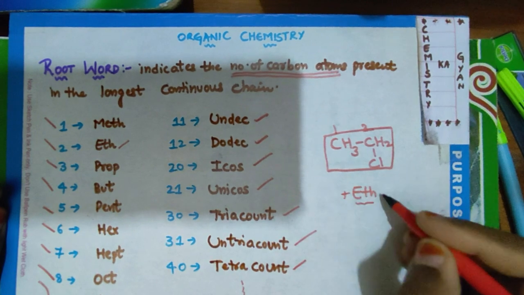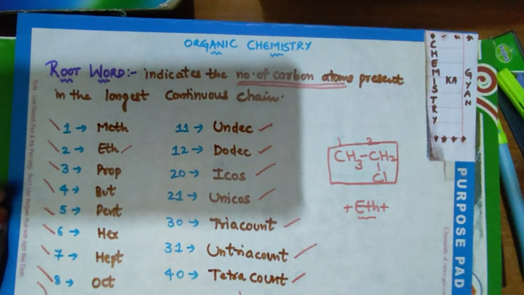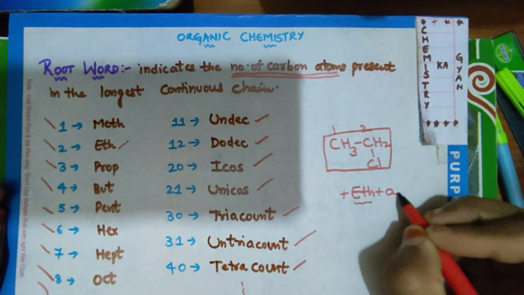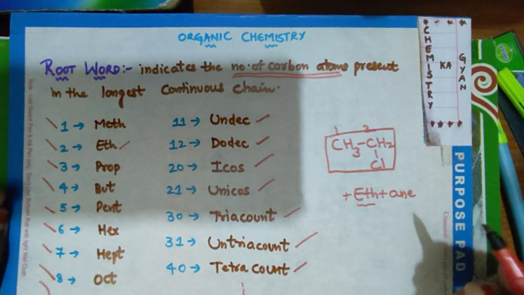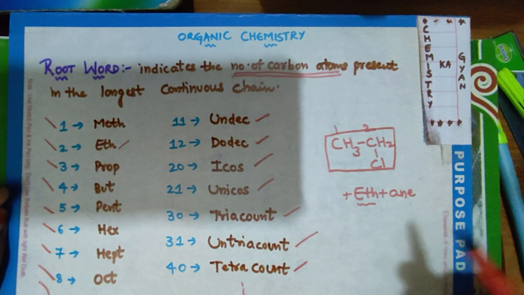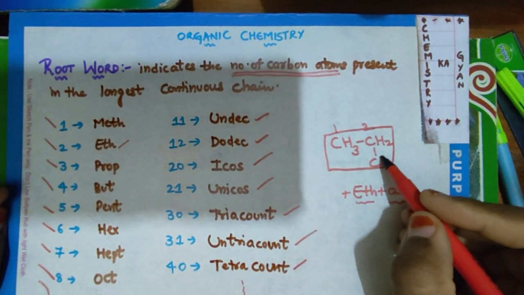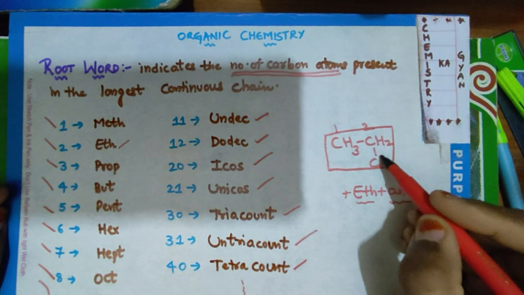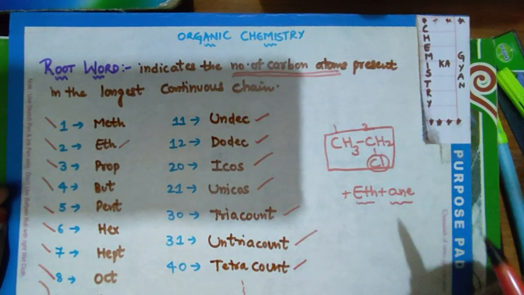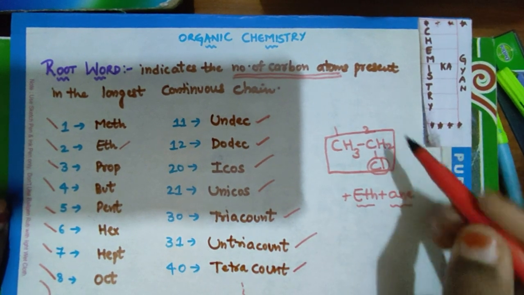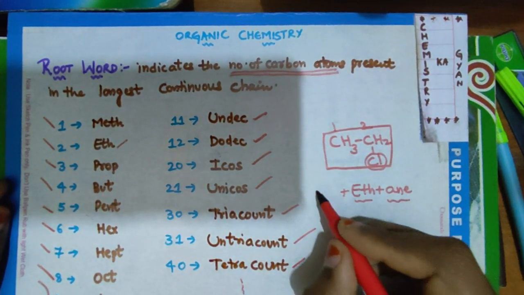You need to write a prefix, you need to write a suffix. Suffix, we will know as it is a saturated compound: the suffix will be ane. And as there is no other functional group, this is the only suffix. Now coming to the functional group, the prefix. Prefix is the substituent. It is a chloro group at the first position. So what you need to write?